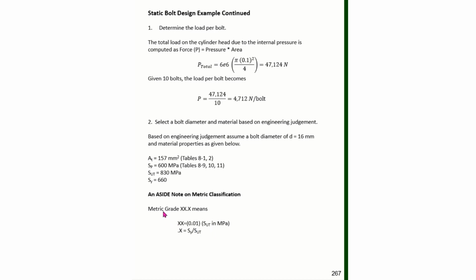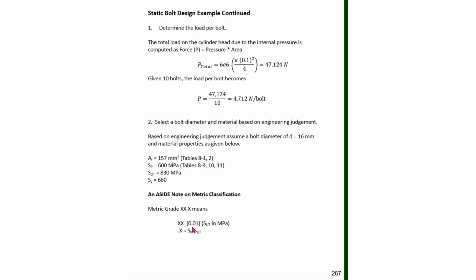When metric bolts are specified, they have a grade of some number, decimal point, and then some number. This first number is equal to 0.01 times the SUT in megapascals. The second number, after the decimal point, is equal to the ratio of SY over SUT.